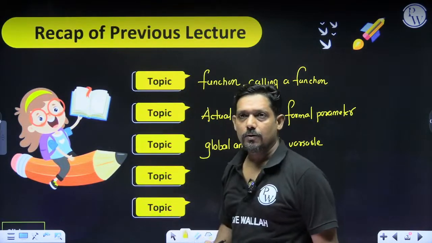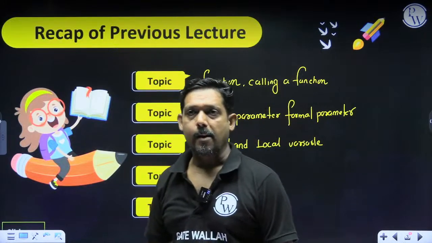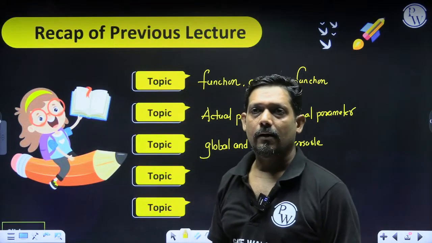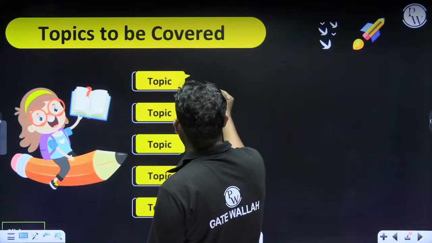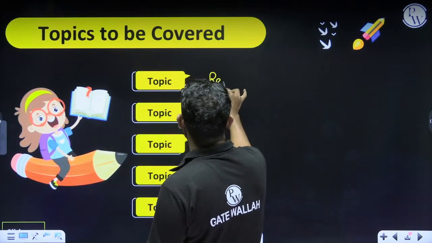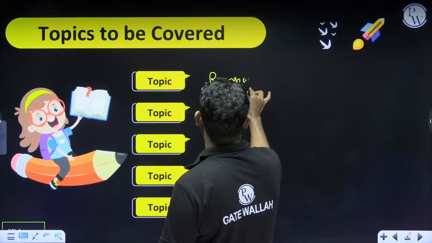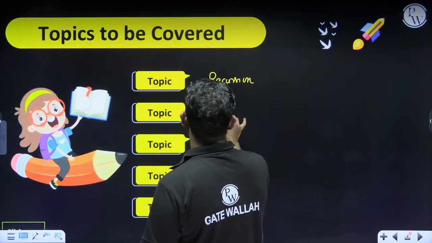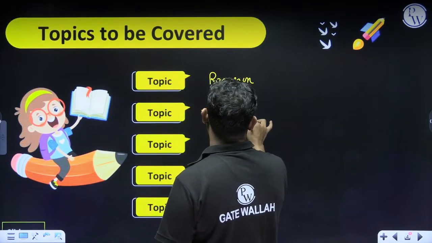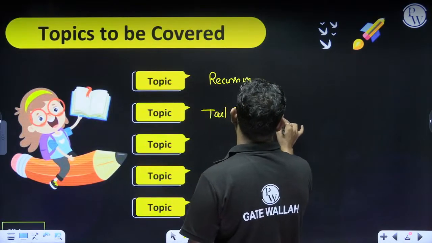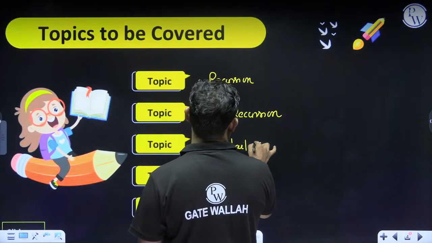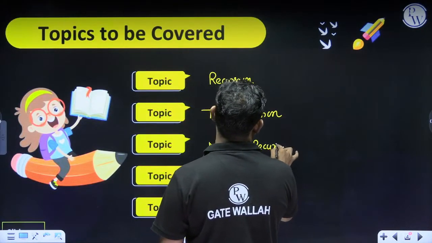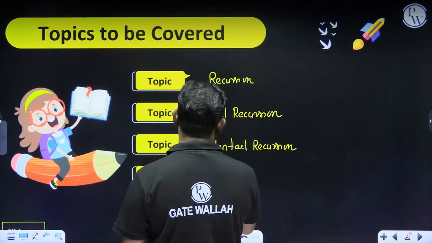Today we are going to talk about recursion. We'll talk about simple tail recursion and we'll learn the shortcut. We'll talk about non-tail recursion and we'll talk about multiple recursion.